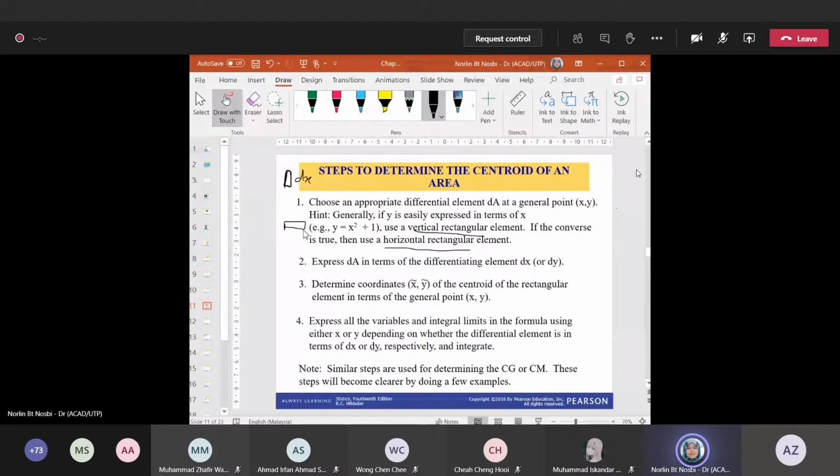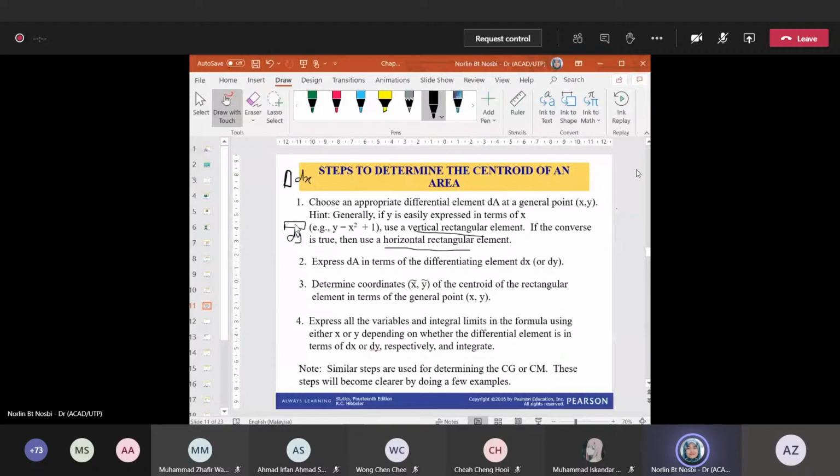Step 3, you need to find the coordinates x tilde and y tilde of the centroid. So you need to find the centroid of this rectangular, in terms of the general point x and y.